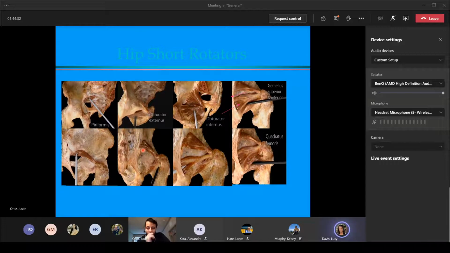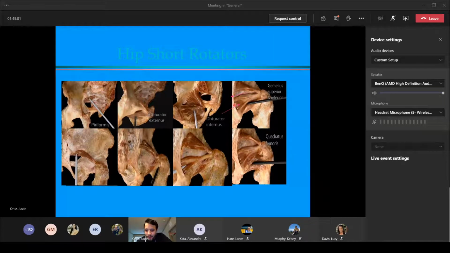Okay, yep, gotcha. And then for this one, which is a little more confusing, you might have to zoom in on your lecture, but this would be the piriformis. This muscle right here, I'm going to go really slow, this one right here, it's really hard to see, but that one is the superior gemellus.